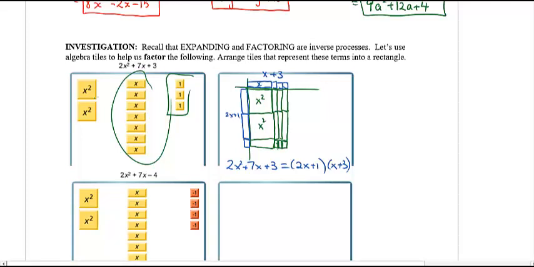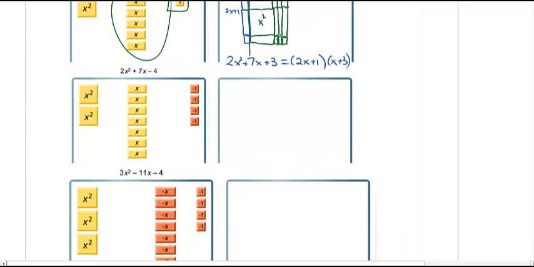Okay, 2x squared plus 7x minus 4 this time. Start with my axes. Start, of course, with x squared in the top left corner. This time, whoa, you're thinking, how come these are negative? Everything's positive, so what do we need? We have to have at least 1 zero pair, don't we?